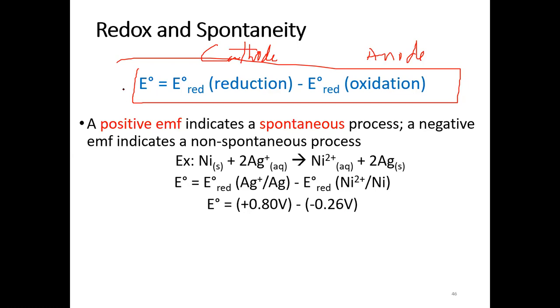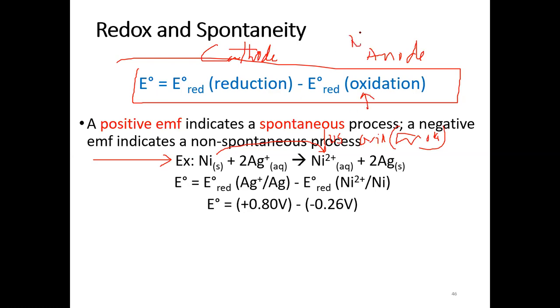So nickel and silver, that's the example we're talking about, okay? And we just want to know what is my cathode and what is my anode. What is happening to the silver in the chemical reaction, and what is happening to the nickel? Nickel is solid, going to ions, which means loss of electrons. Loss of electrons means oxidation, and oxidation means anode. So my anode here is nickel.